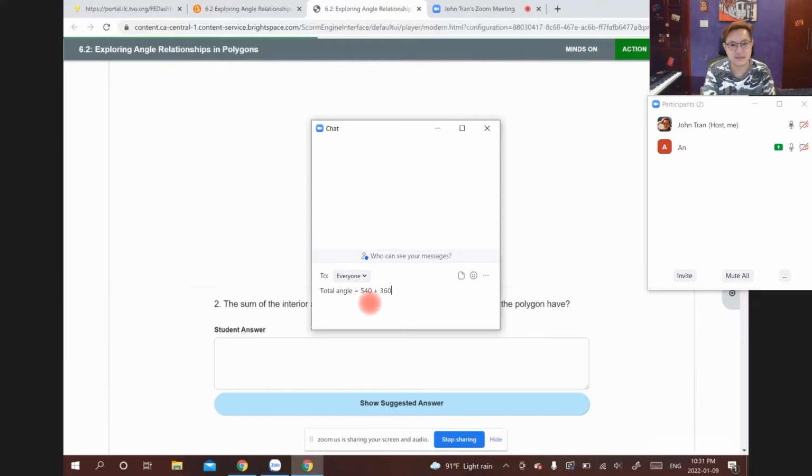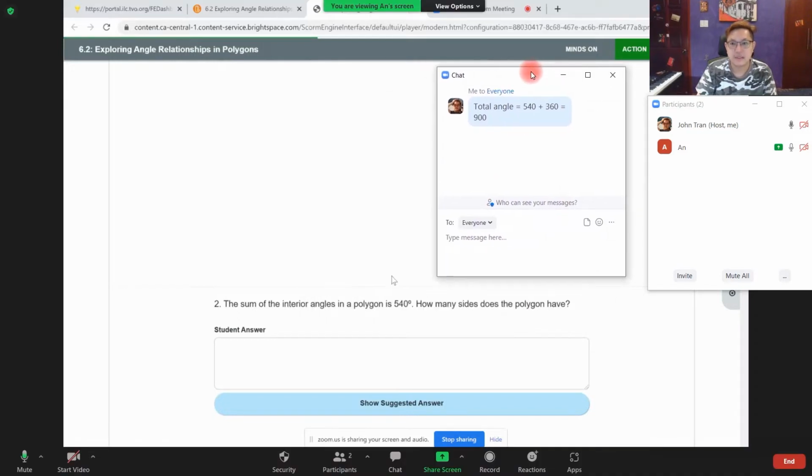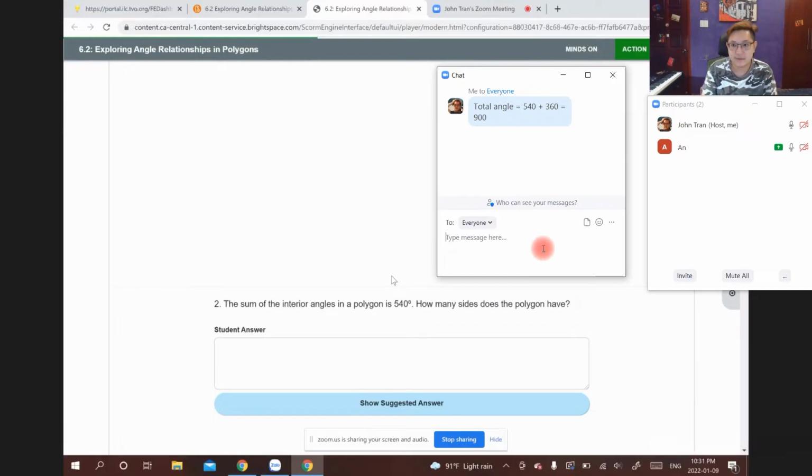540 plus the 360 in the middle, so it's 900. And you know that every triangle inside of that polygon is 180. So the number of small triangles inside of the polygon is equal to 900 divided by 180.